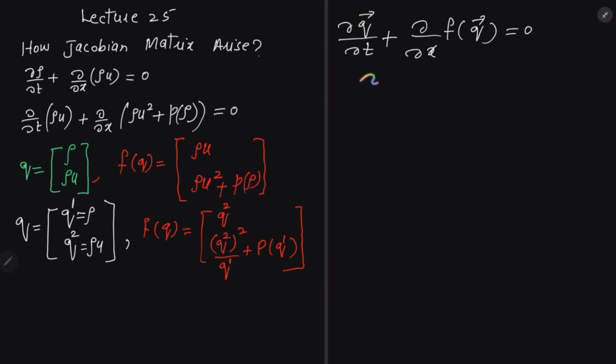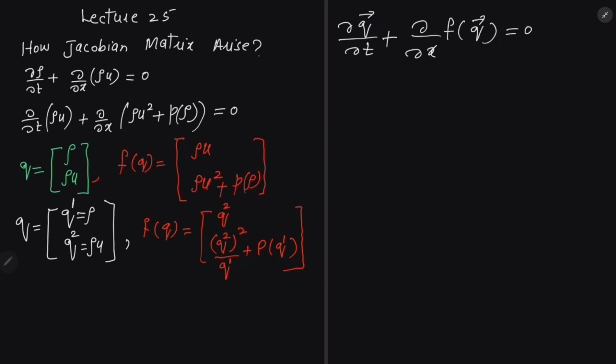In linear algebra we do not usually put a vector sign over like this, but I have put it over the variable q just to show you that it is a vector quantity, and this q vector is defined over here. I hope you got the answer.